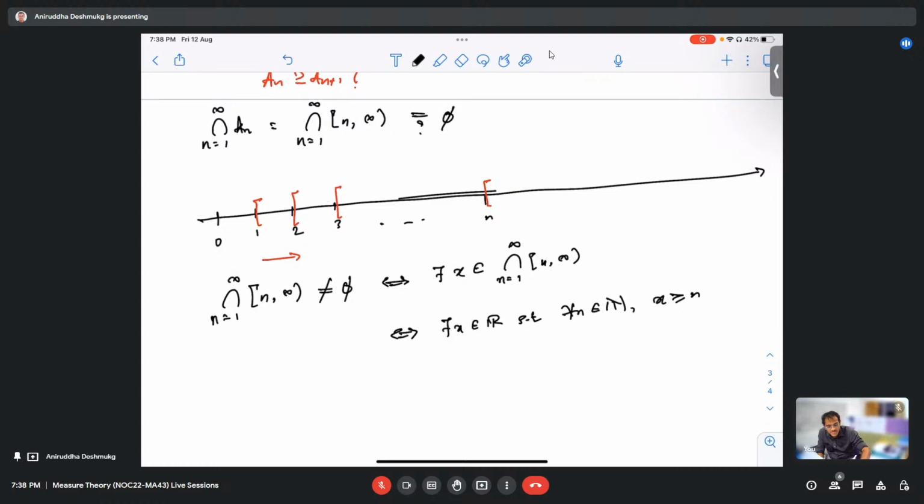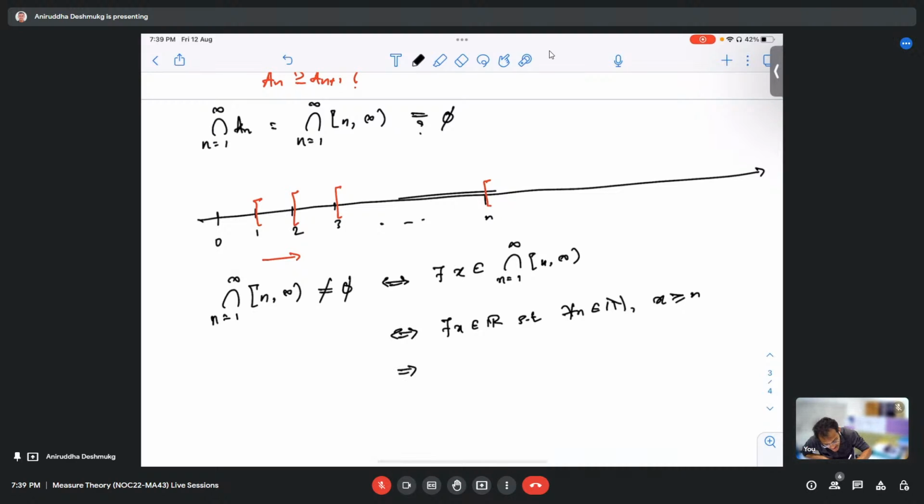Prasandeep, can you tell me, is this correct or not? Yes, sir. You agree, right, that this is true.